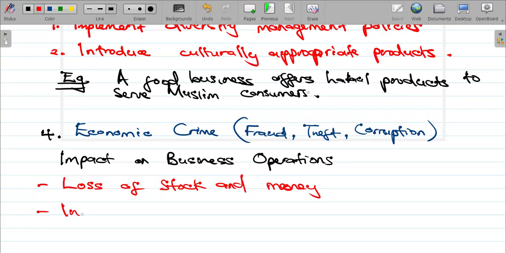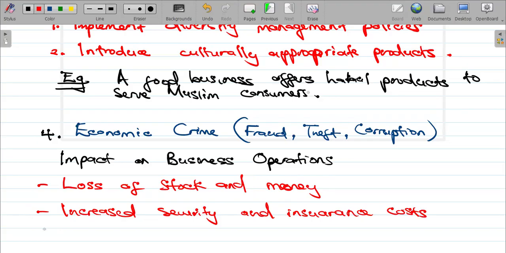The need for increased security and insurance cost, as well as reduced investor confidence.